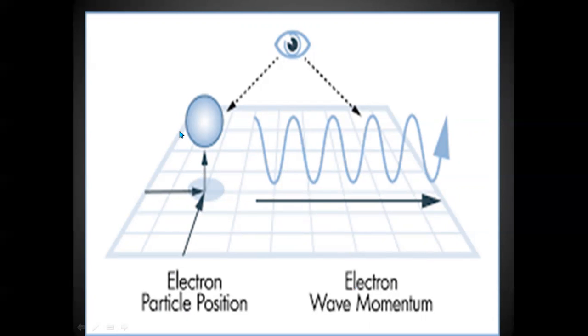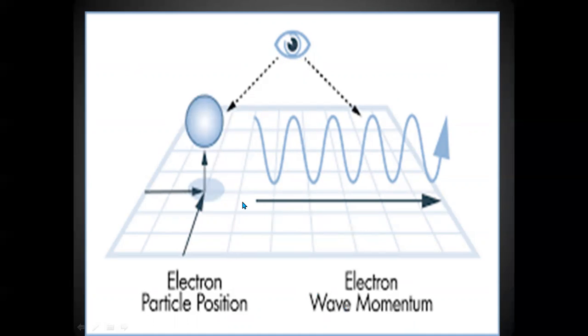Its speed, if we consider it as a wave, will be 3 into 10 to the power 8 meters per second. So a body with that much velocity will not be at the same position. It will be here in a fraction of a second. It will take 2-3 rounds or more. Therefore, it is not possible for us to find the position as well as the momentum of electrons simultaneously.